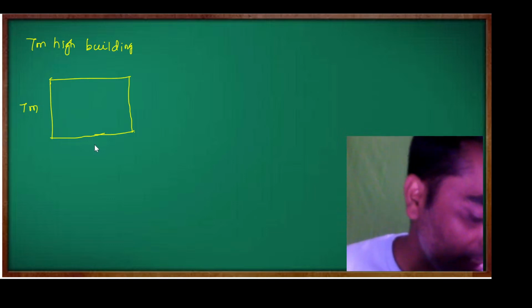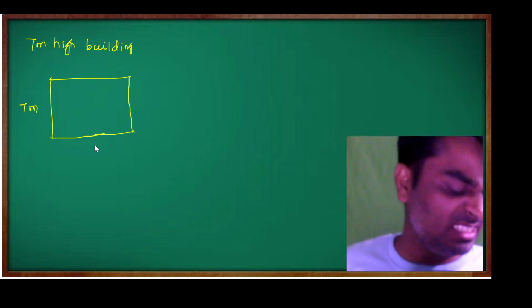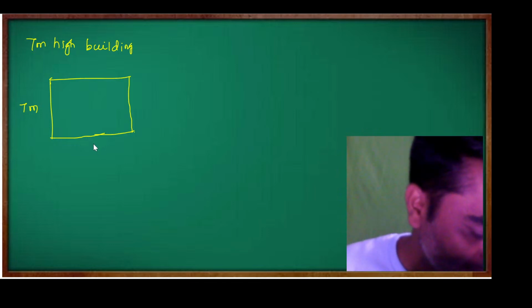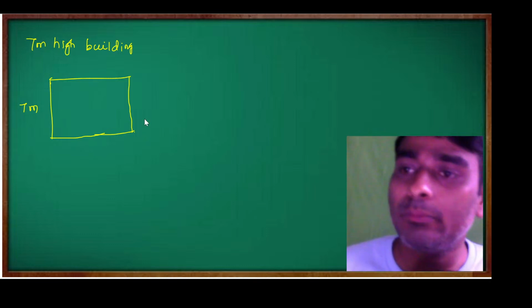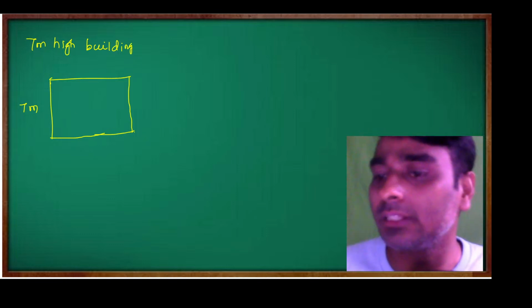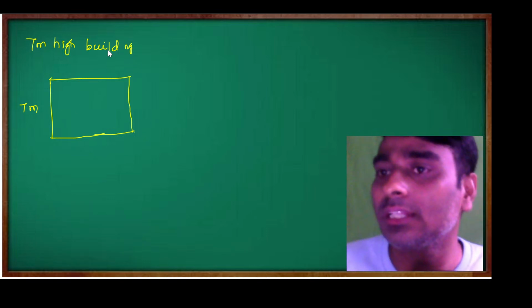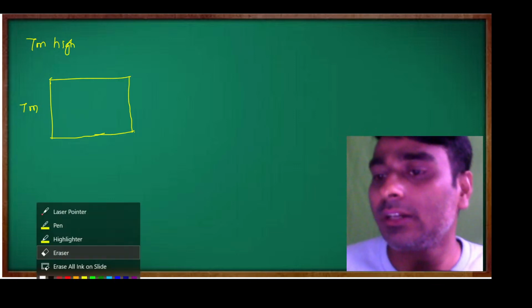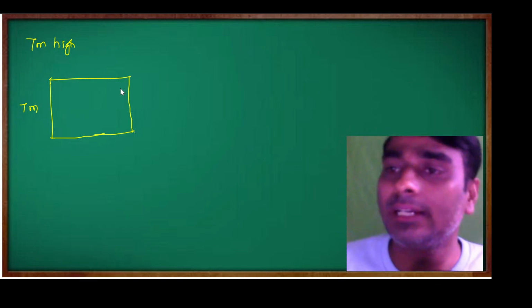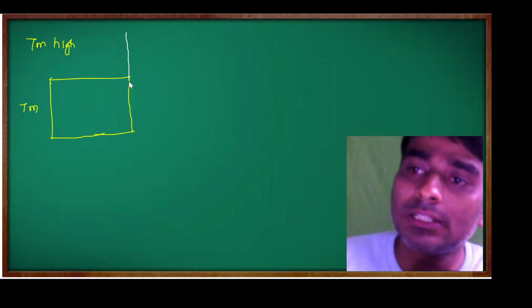This is 7-meter high. The angle of elevation of the top of the cable tower, there is a cable tower on this side. So let me write cable tower here.